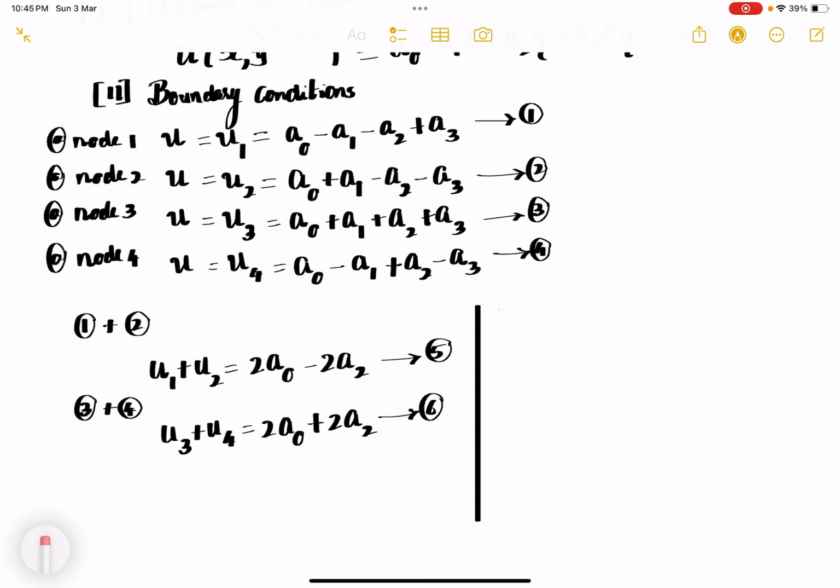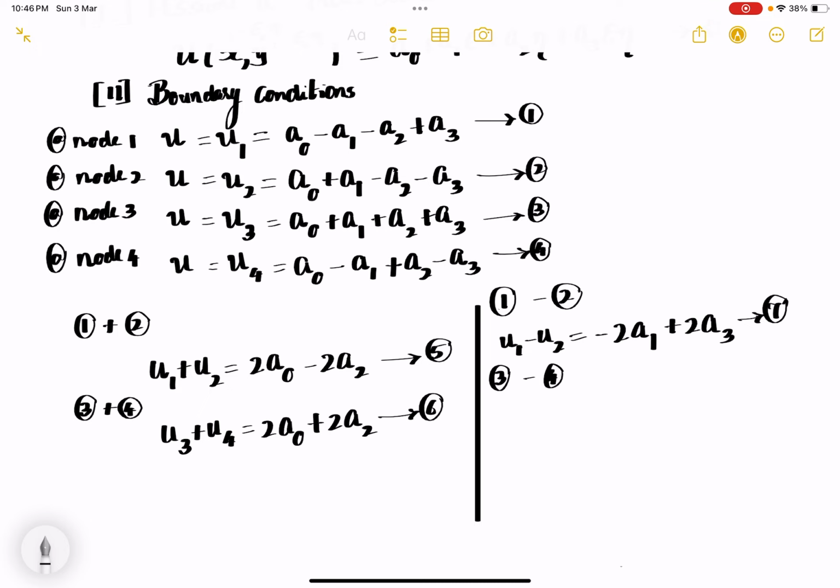So 1 minus 2, you get u1 minus u2 is equal to, a0 goes away, so you get minus 2a1. And if you subtract 1 and 2, a2 goes away, you get plus 2a3. This can be called equation number 7. And similarly, you just have to subtract equation number 3 and 4.